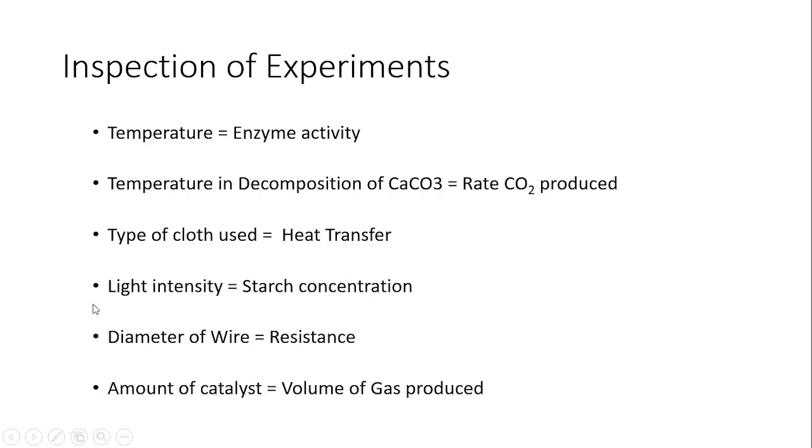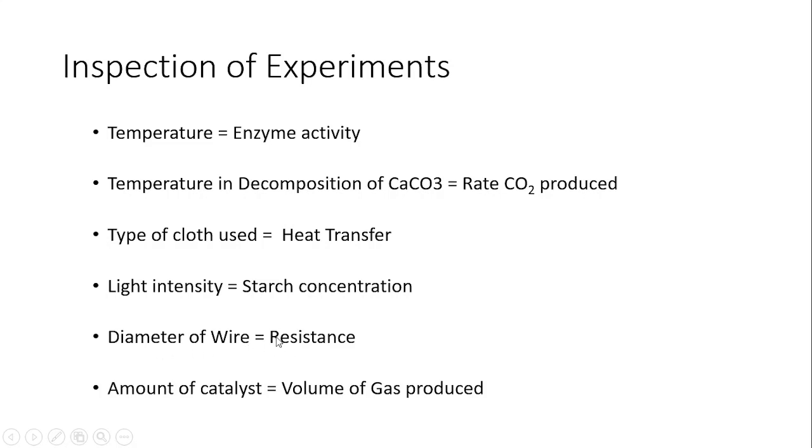Let's go back to biology with this example. Starch is a compound that occurs after photosynthesis. So you would measure starch concentration, and you would find the photosynthesis rate. So the starch concentration is a dependent variable. Photosynthesis is dependent on the light intensity. You would find that with this experiment.